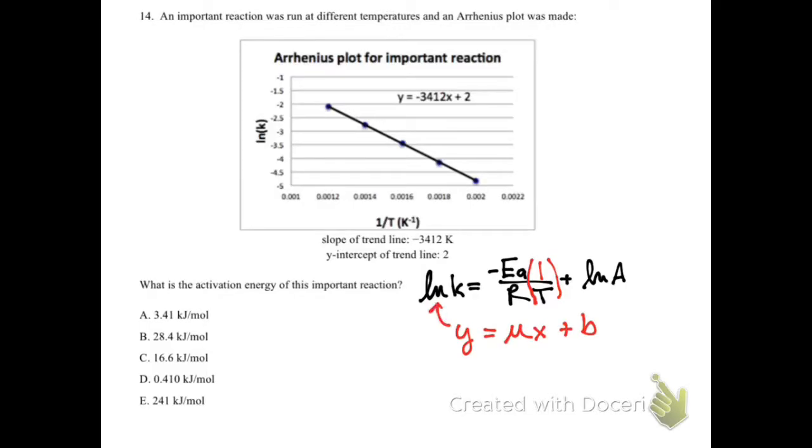So if we plot the natural log of k on the y-axis, and we plot 1 divided by temperature on the x-axis, what does our slope equal?